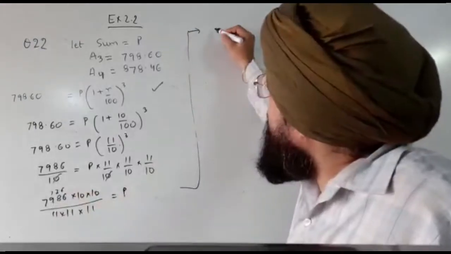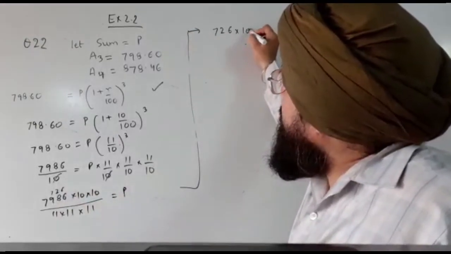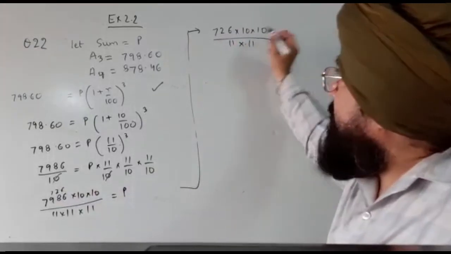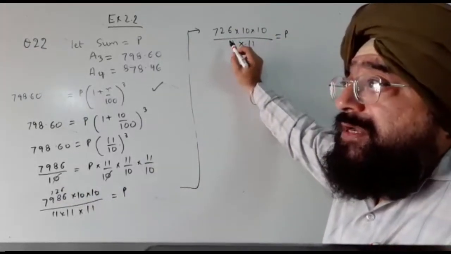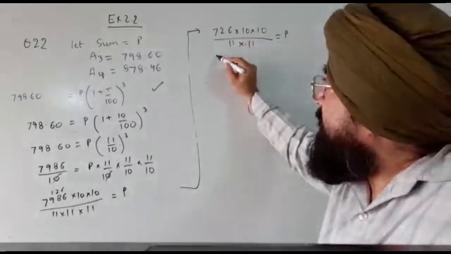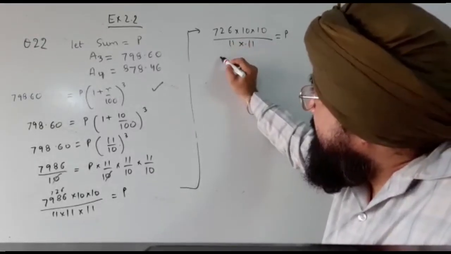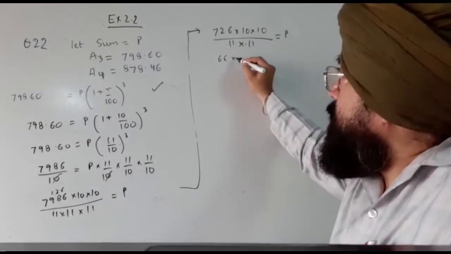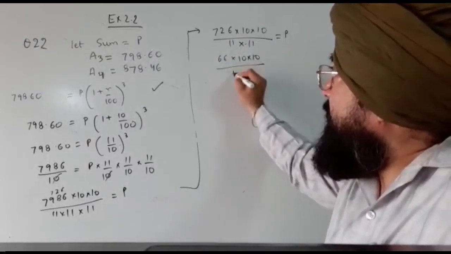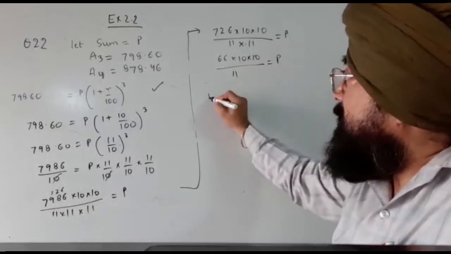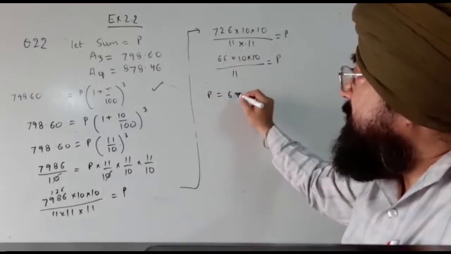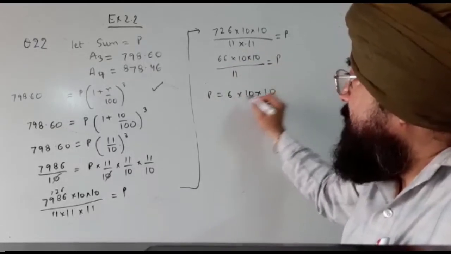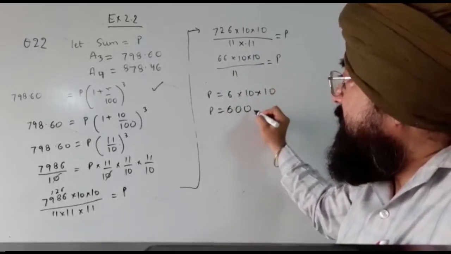So I am left with 726 into 10 into 10 over 11 into 11 is equal to P. Now again I try dividing it by 11. I get 66, 11 6s are 66, into 10 into 10 over 11 is equal to P. So P comes out to be 6 into 10 into 10, so P comes out to be 600 and that becomes your answer.